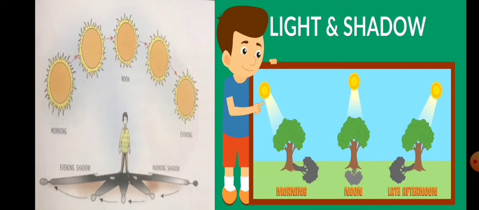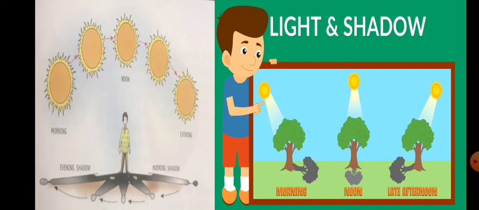So again the shadow forms on the opposite side of the sun. You can see at noon, when the sun is up, that time the shadow forms downside. You can see in this picture again the shadow forms on the opposite side of the sun.